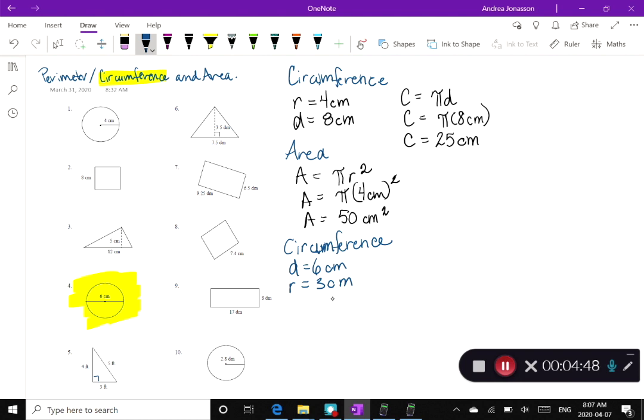So the circumference of a circle, C, is equal to pi d, pi times diameter. C is equal to pi times 6 centimeters.